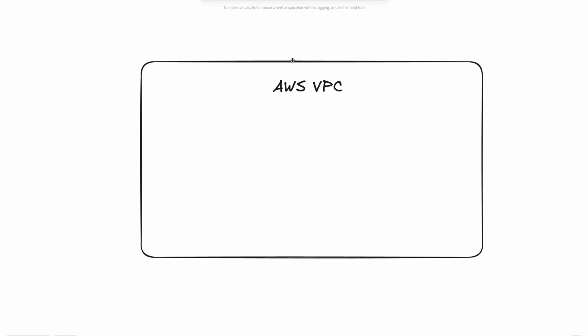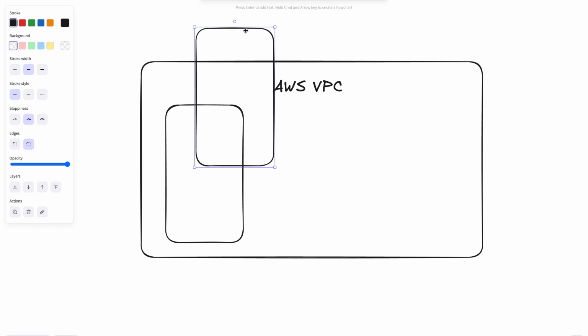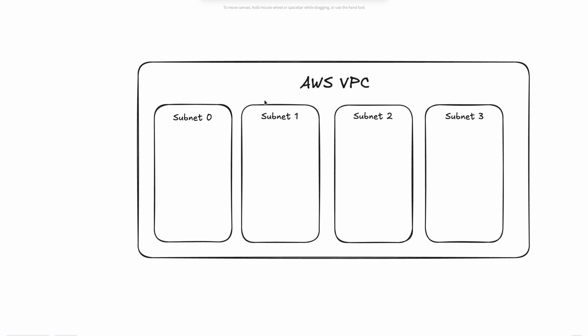So let's get started with the components of the VPC. VPC is kind of an abstraction, just a logical component, and the core parts of VPC are subnets. So let's just express them like this. VPC has multiple subnets. The subnet is the logical boundary of our network, and in this case we're talking about a virtual network.